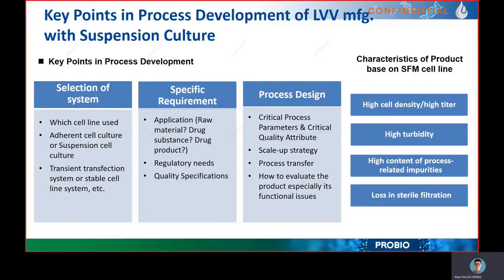This will determine the scale-up strategy of the process and how simple or sophisticated the process is, that will impact your process transfer later on. Also, how to evaluate the product, especially the functional assays.